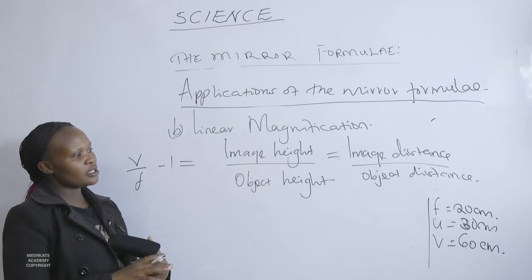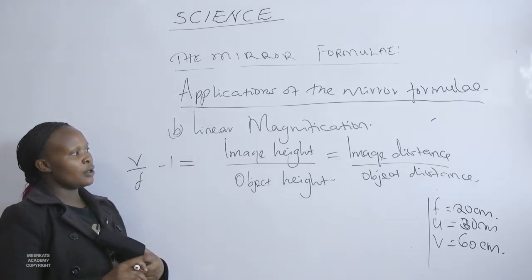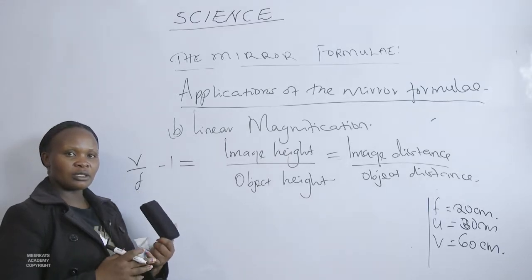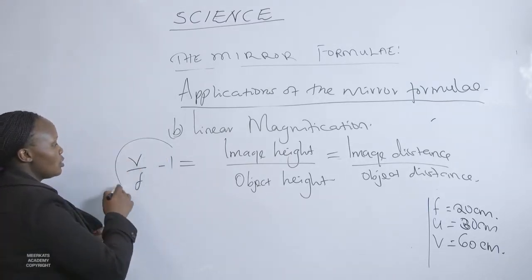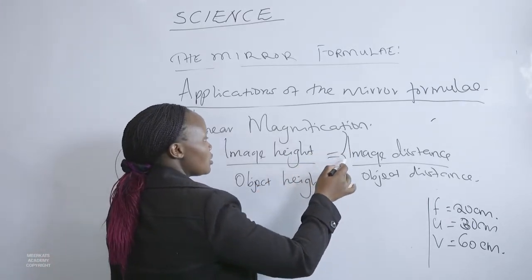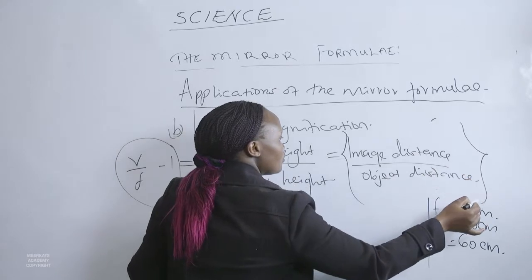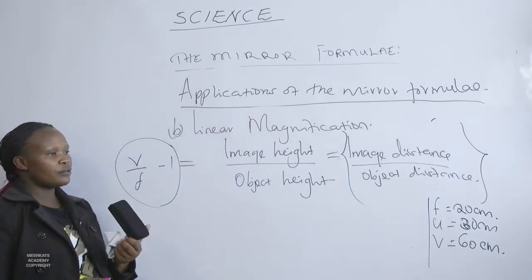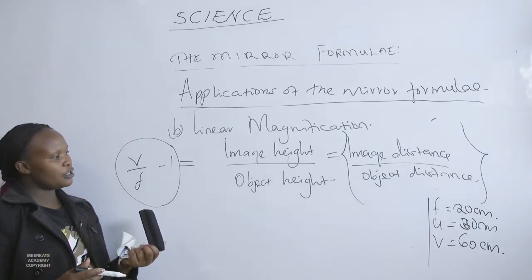Now, in this case, we have the distances, so we can find out, can this one give us the same result as this one? Because we have the distances, and we even have the focal length, so we can compare the two.